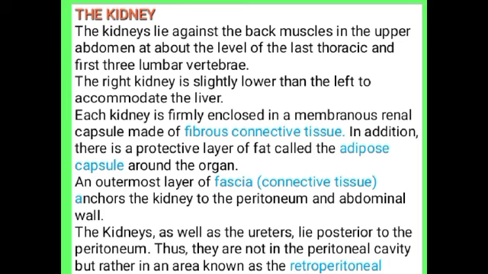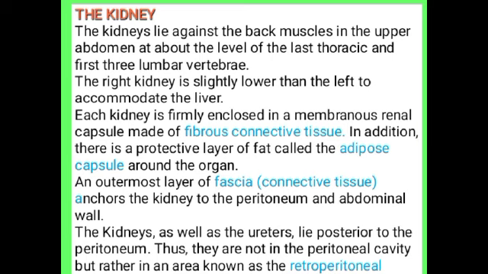According to research, the kidney is about 12 centimeters long, 6 centimeters wide, and 3 centimeters thick. The right kidney is slightly lower than the left kidney, because in the right hypochondriac region, that's where you're going to find the liver. In order to accommodate the liver, the right kidney is slightly lower.